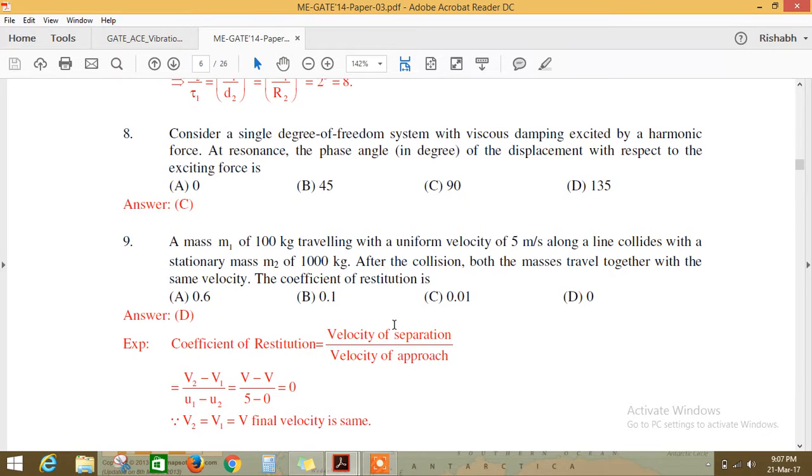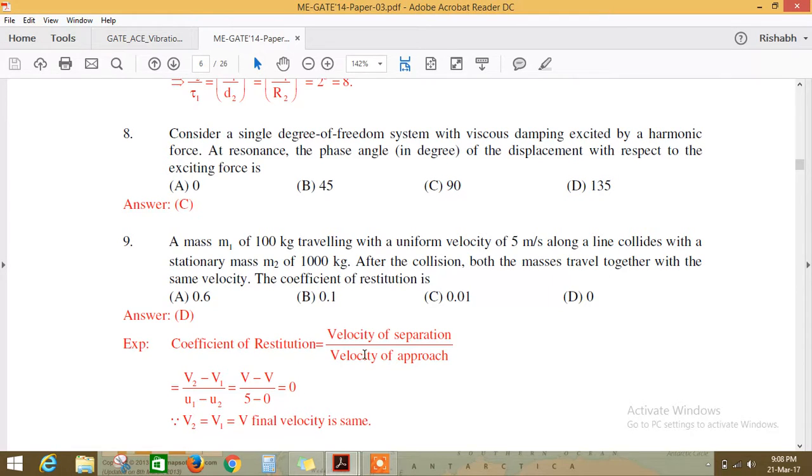It is the velocity of separation by the velocity of approach. The initial velocity of mass m1 was 5 meter per second, and after the collision both the masses travel together with the same velocity. So v minus v by 5 minus 0, where u stands for the initial velocity. u1 is the initial velocity of mass m1, and u2 is the initial velocity of mass m2, which is 0 as m2 is stationary. v2 and v1 are both the same after the collision.